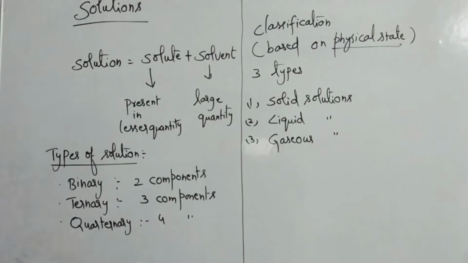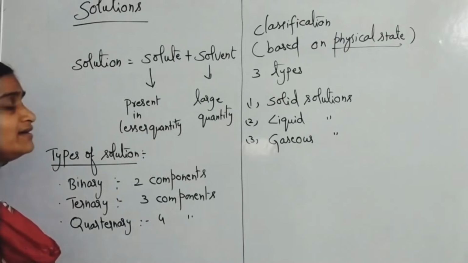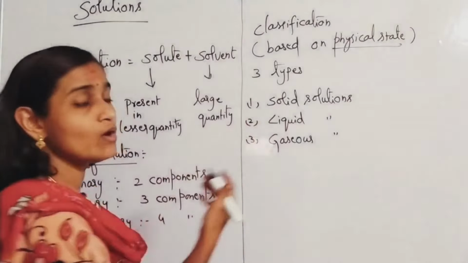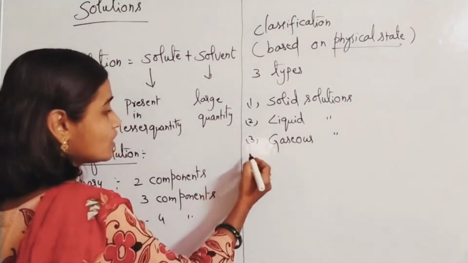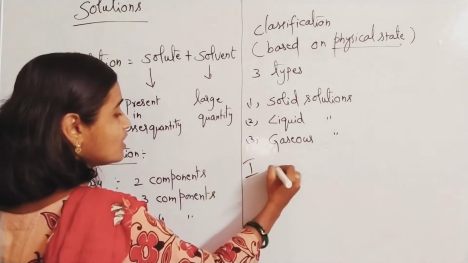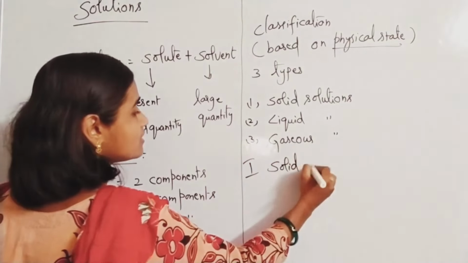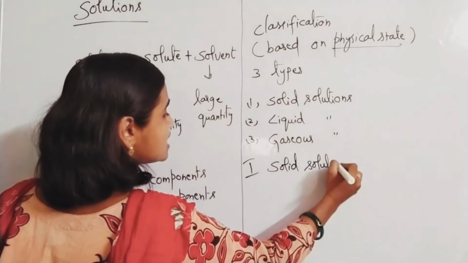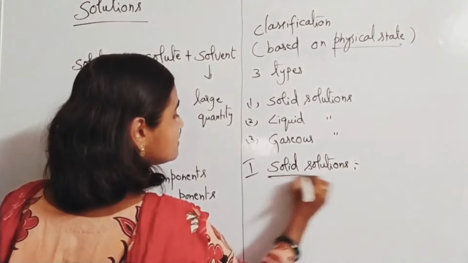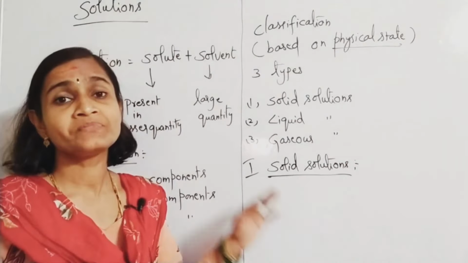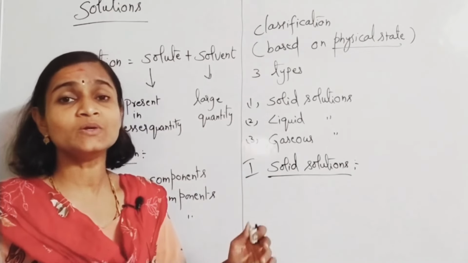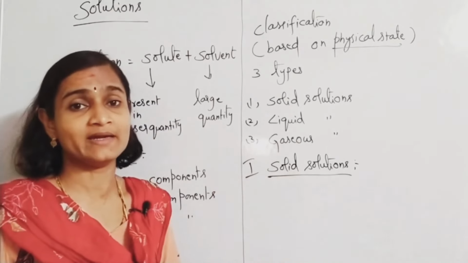Solid solutions are the solutions in which the solvent is solid and the solute can be either liquid, gas, or solid also. So what are solid solutions? Here the solvent is compulsorily a solid substance and the solute can be in any of the three states of matter.